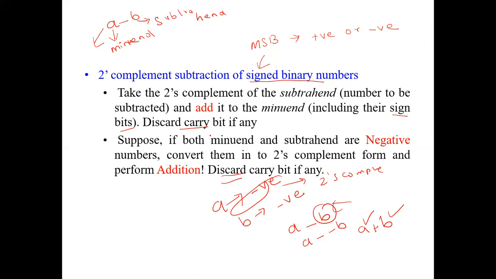Let us take an example, then you will understand it better. The first example which I am going to take is 35 and 16. The meaning is A equal to 35 and B equal to 16, and we need A minus B. How will you represent 35?